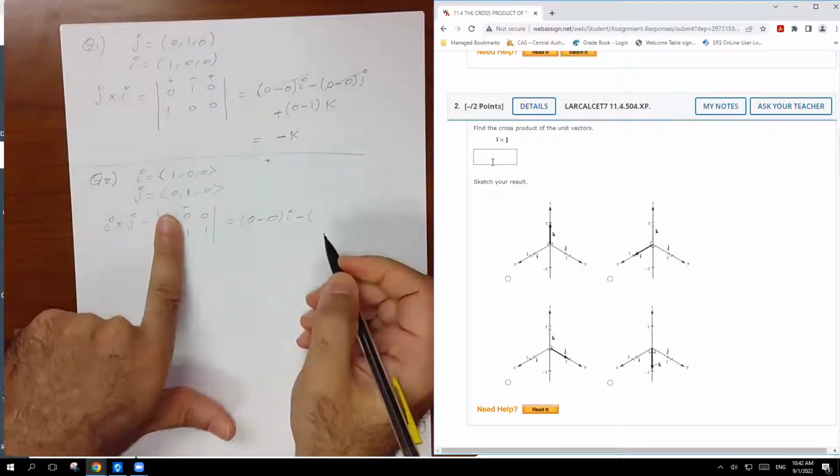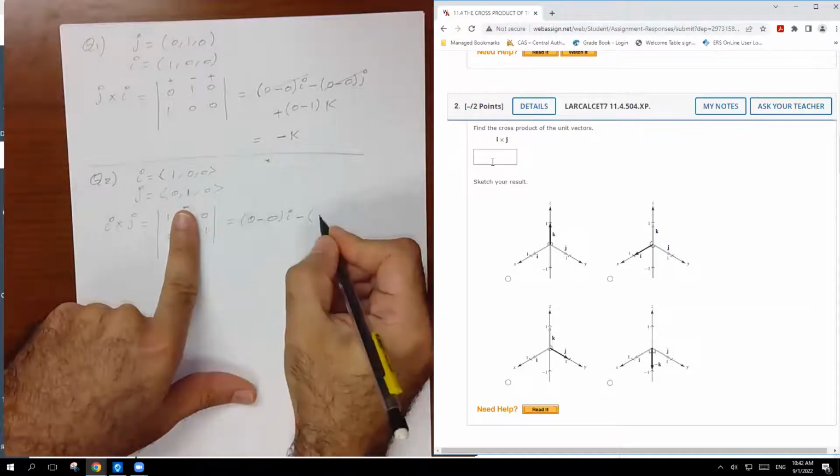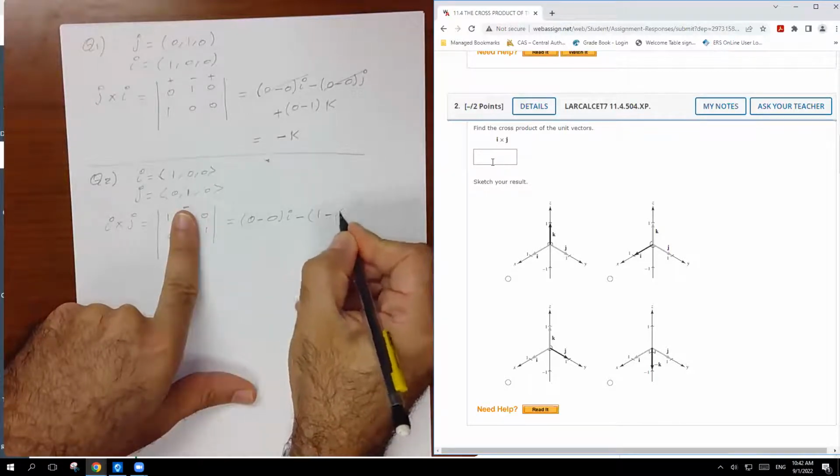Minus, for the J, 1 times 1 is 1 minus 0.